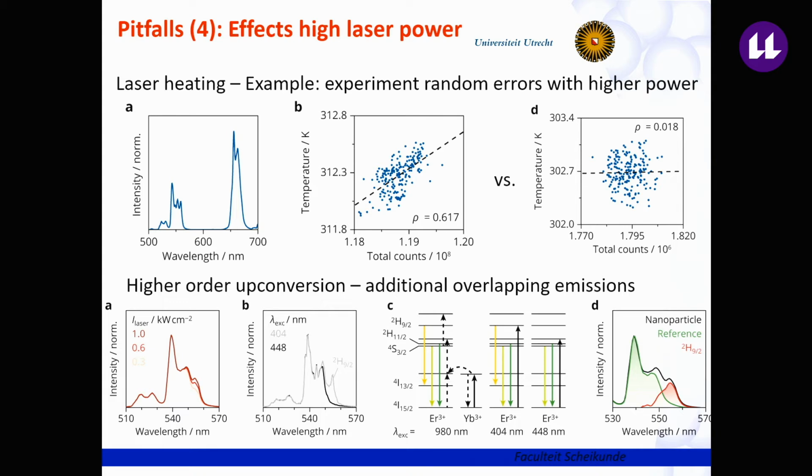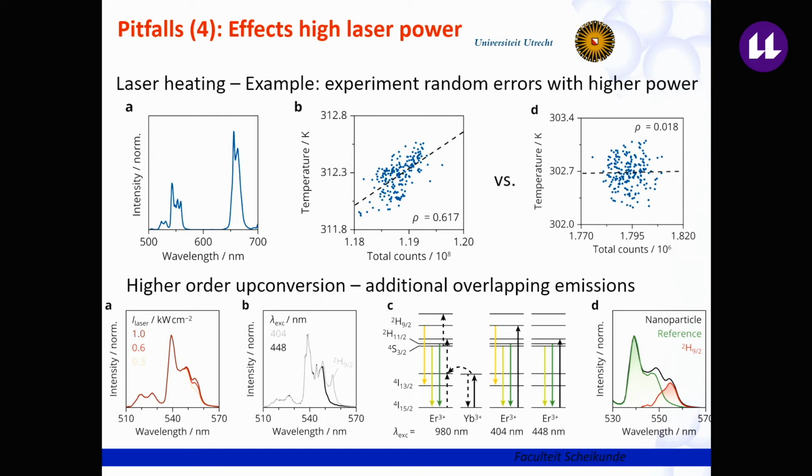Laser power can be a problem, which is very trivial and often recognized in the field: you can get laser heating. When we did that same experiment, measuring 200 spectra at a slightly higher laser power, we did see a correlation between the temperature you get out and the total number of counts. For the higher count rates, where probably there was some laser heating going on, you got a higher temperature, versus this one where we were at reduced laser power.